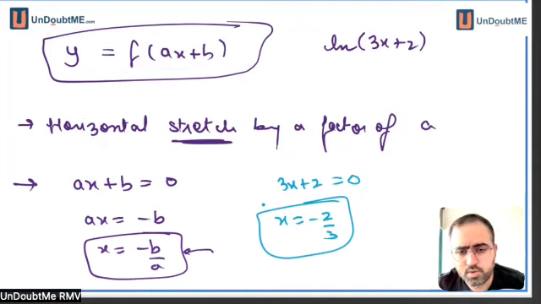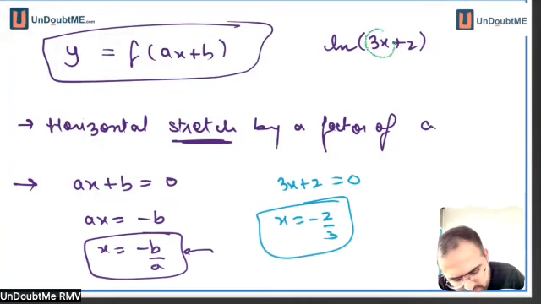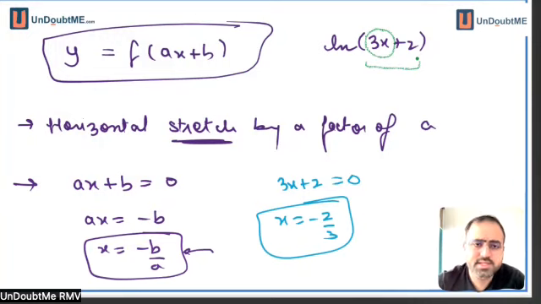No. There are two things. You need to understand this properly, that this 3x is creating a different effect and 3x plus 2 altogether is creating a different effect. So if I talk only about 3x, then 3x will cause the compression.